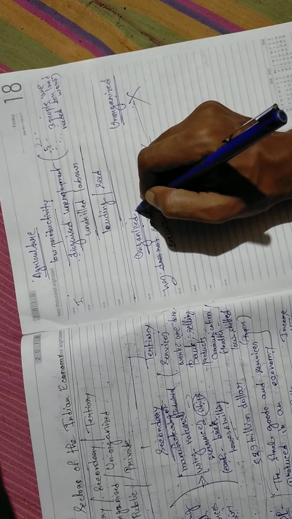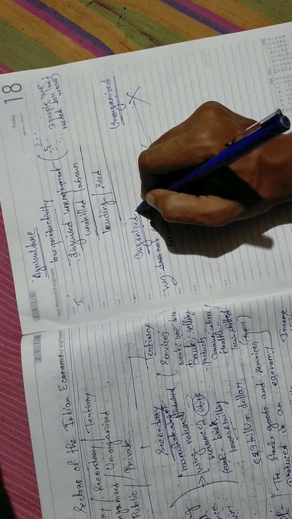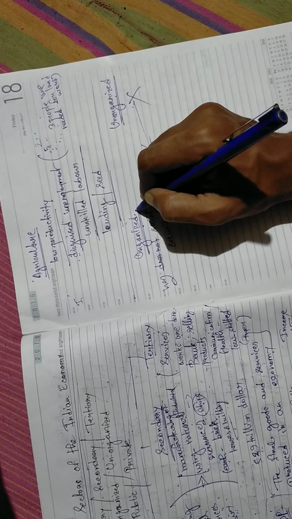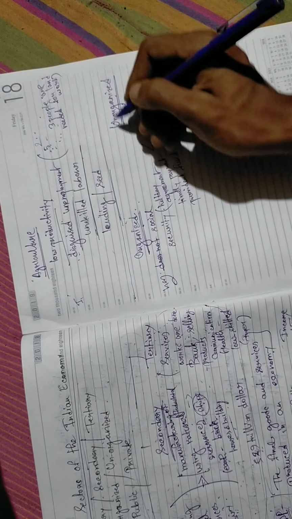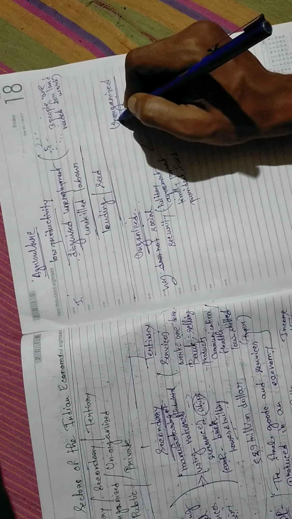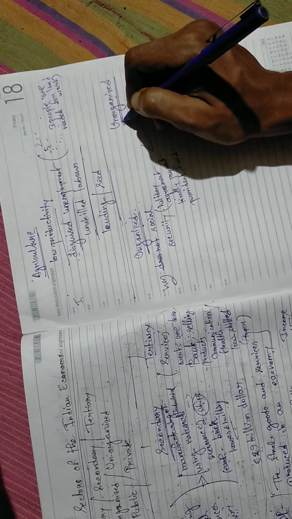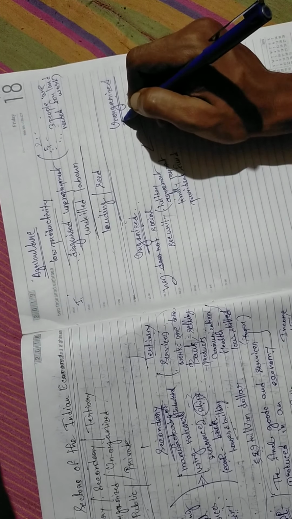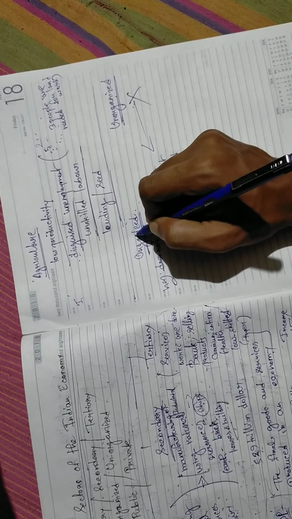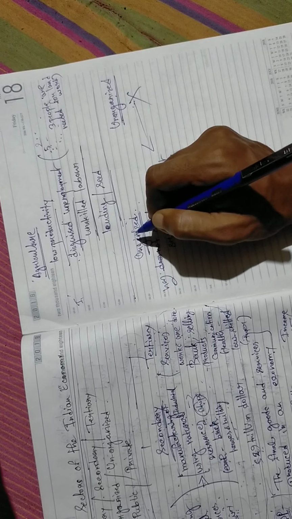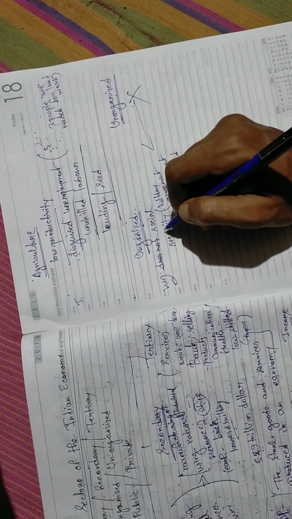Suppose a person is working in a bank. He goes 9 to 5, works in that bank and comes home. But in the unorganized sector, suppose a person goes at 8 o'clock and comes back at 8 o'clock at night. Because in the organized sector mainly skillful persons are needed, that's why they have these benefits.